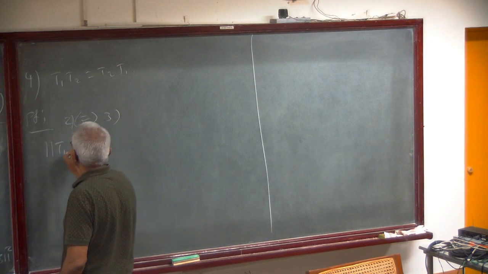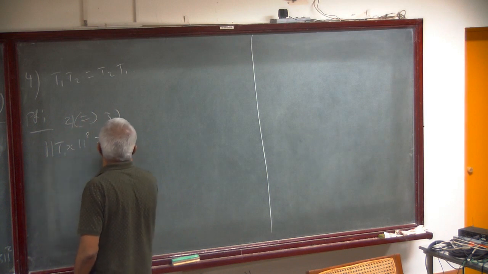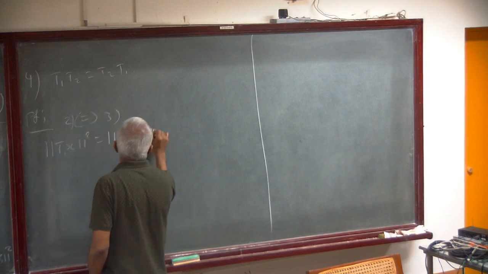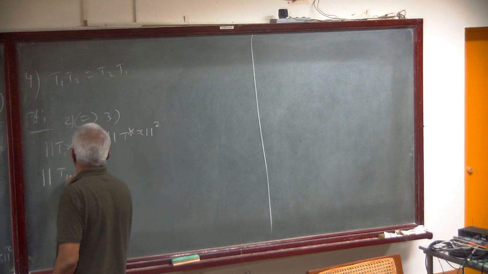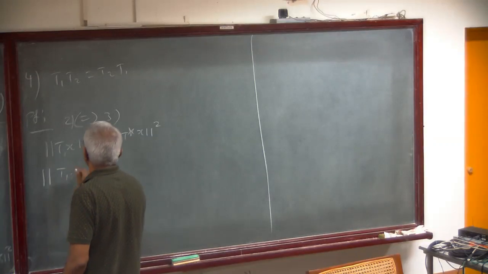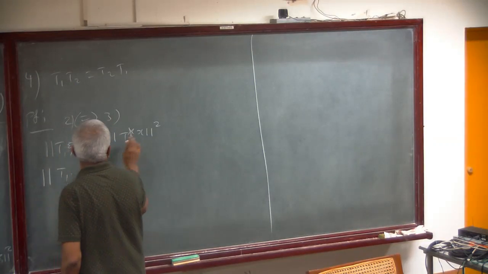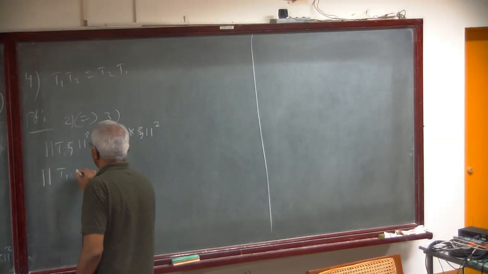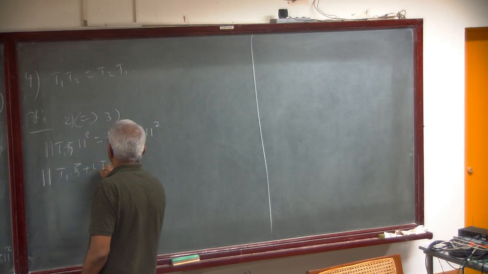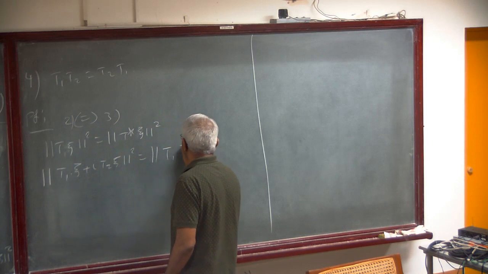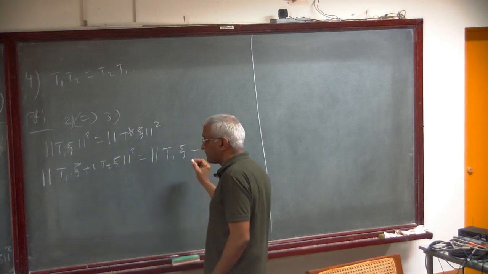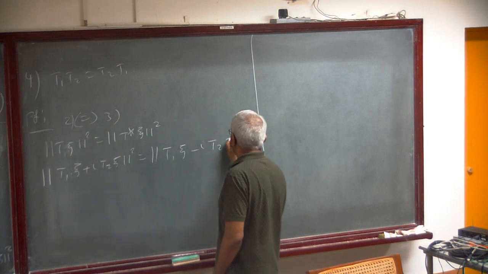We have 2 says that norm Tξ squared equal to norm T star ξ squared. And this is equal to norm of T1 ξ plus iT2 ξ squared, equal to norm of T1 ξ minus iT2 ξ squared, since T star just gets a minus here.